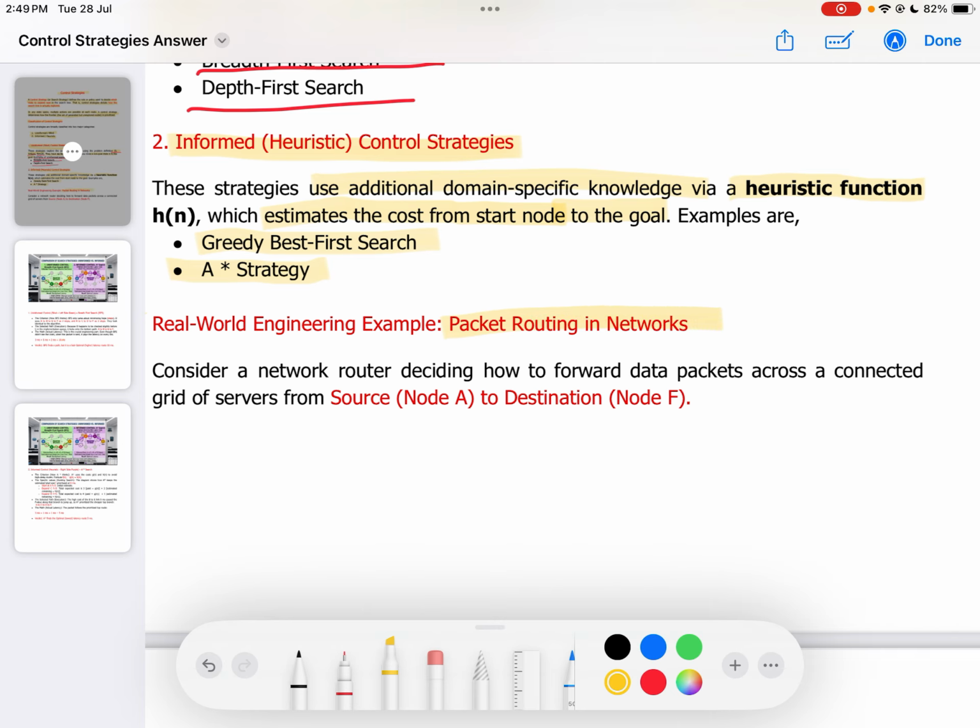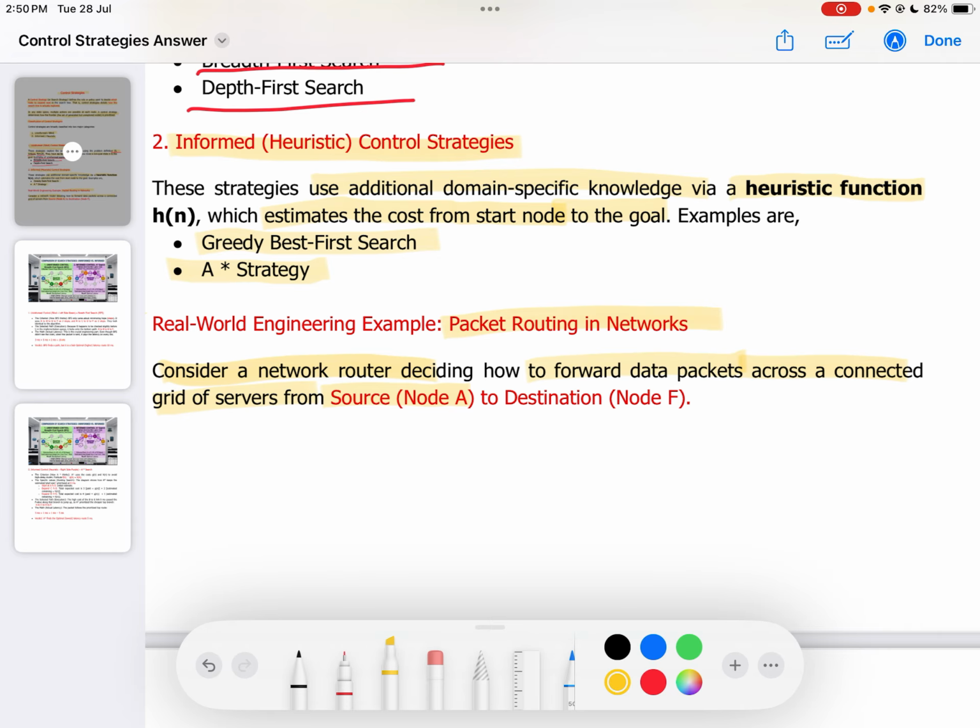Okay, let's get into a real world engineering example: packet routing in networks. What is a packet? The data, whatever we send across the net using mobile or computer, is converted to packets for routing in the network, the internet. Now, consider a network router deciding to forward data packets across a grid of servers.